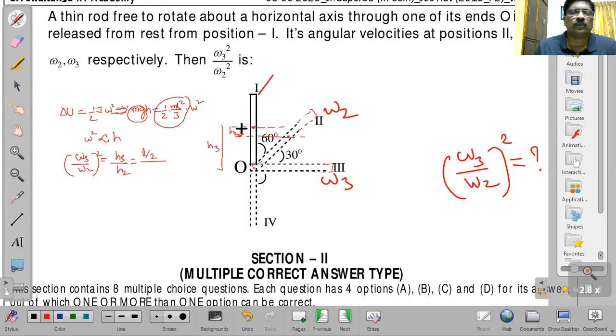So the height up to which it falls is L by 2 minus L by 2 cos 60, which is L by 2 of 1 minus cos 60. Here L by 2 cancels, and after simplification you will get 2 only. So omega 3 by omega 2 whole square is equal to 2. Yes, 2 is the answer. This is the only answer.